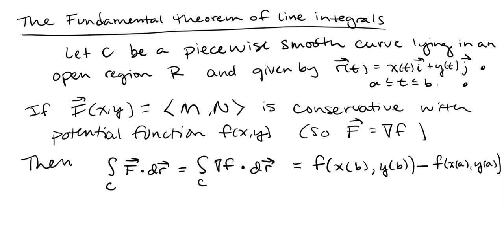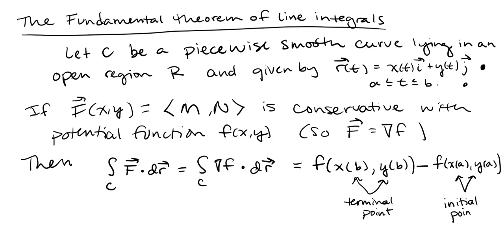So x(b), y(b) is really the terminal point, the point you get at the end of curve C when you plug b into r, whereas the second point, when you plug in a, is the initial point.